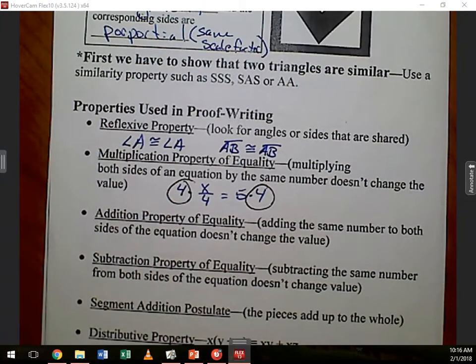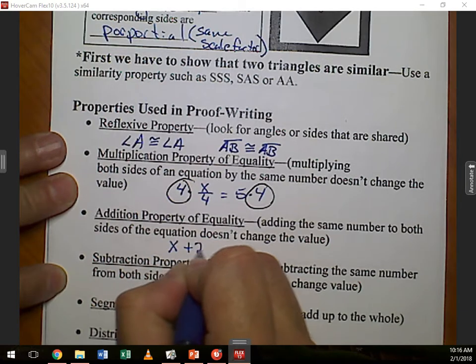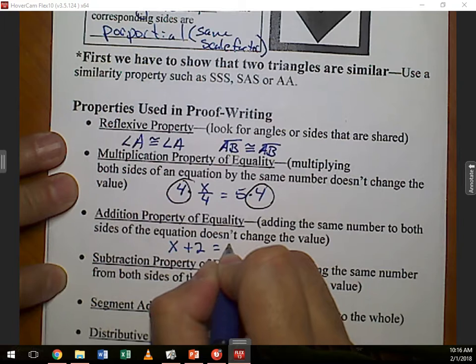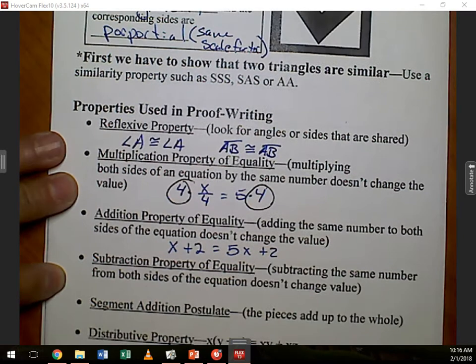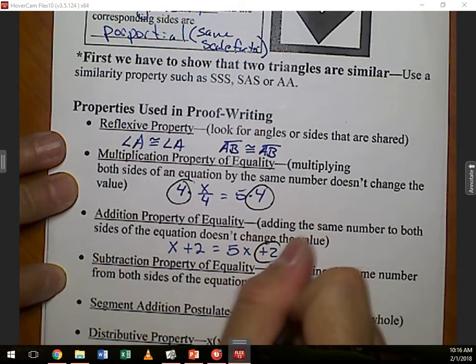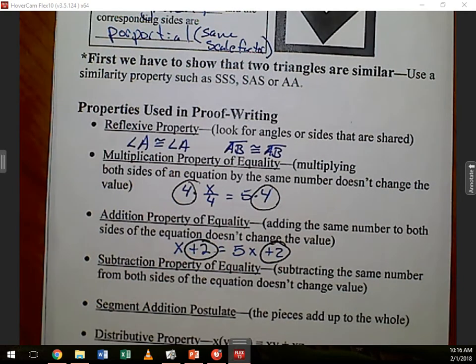Addition property of equality: adding the same number to both sides. So if I had x plus 2 equals 5 plus 2, where I'm adding the 2 to both sides, that would be the addition property there.